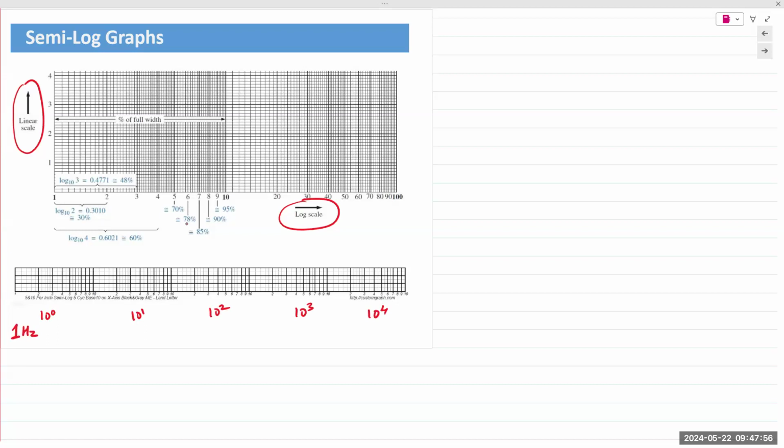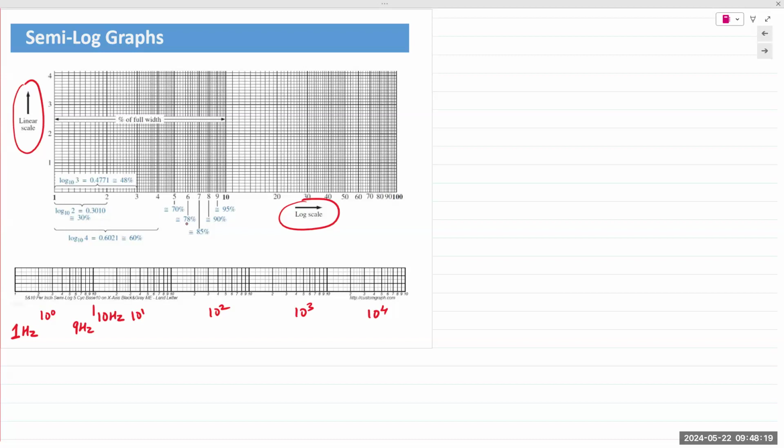Then 2, 3, 4, 5, 6, 7, 8, 9 hertz. And then the multiplier changes. When my new division starts, it's 1 into 10 raised to 1. So after 9, you go to 1 again, and 1 into 10 raised to 1 gives me 10 hertz.